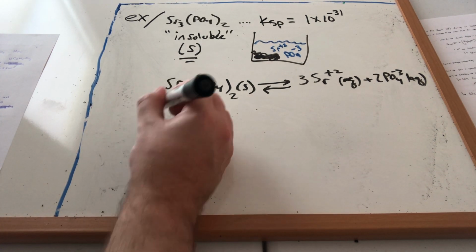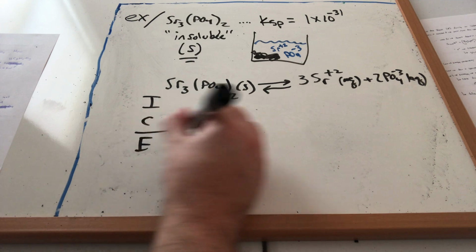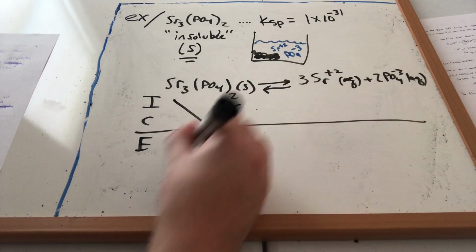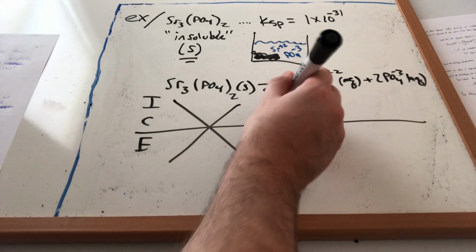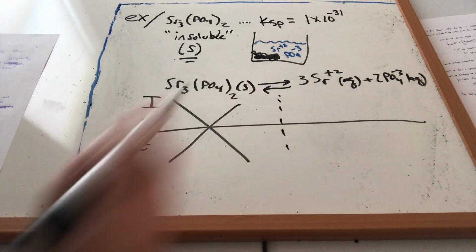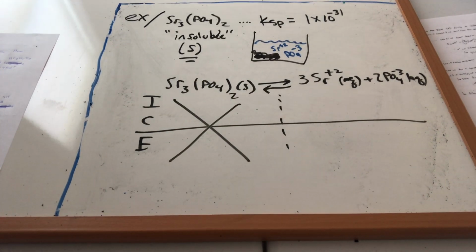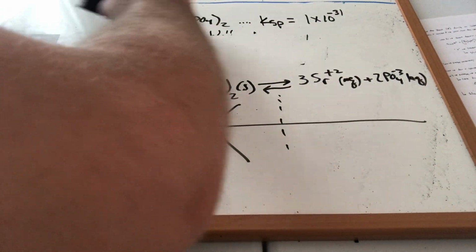How do we deal with equilibrium? We make ICE tables. We remember that solids, their activities are 1, so we cross them out. What we're going to do is calculate the solubility. So it's an insoluble species, sure, but that small amount of ion that gets released, we're going to be able to calculate a solubility.